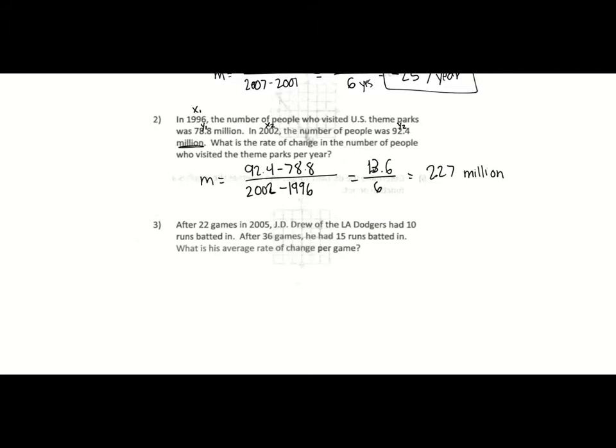So if we have 2.27 million, we have the number of people over the year. So that means from 1996 to 2002, the number of people coming to the theme park went up about 2.27 million people per year. It's important to be able to get this number, but also interpret what that means. So make sure you're including these units on your answers.